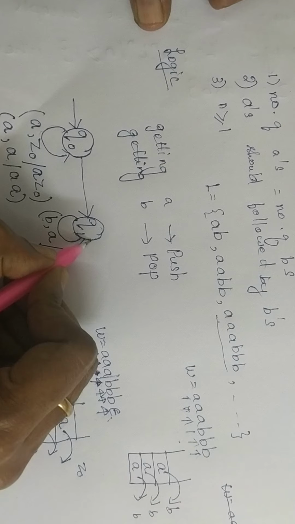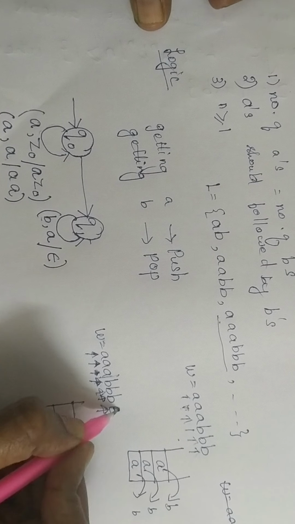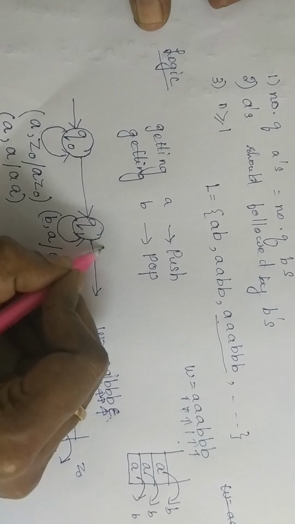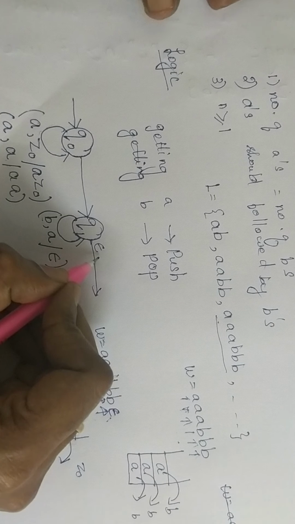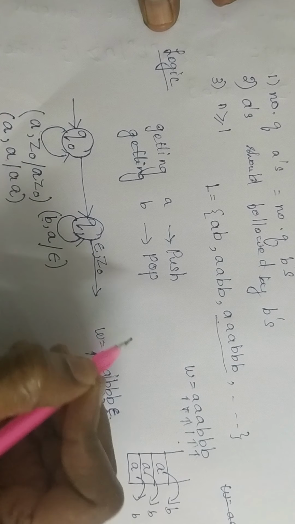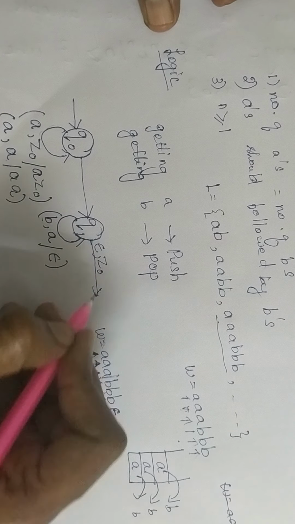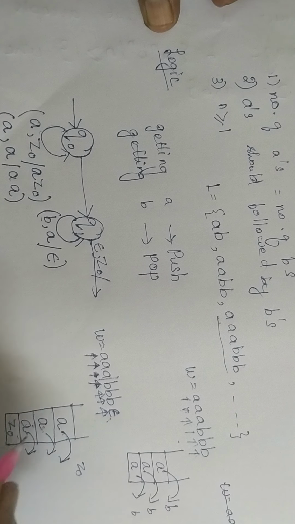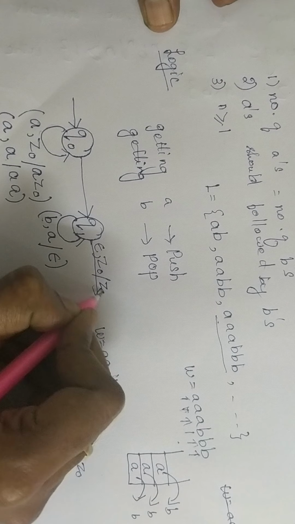So we know that the next symbol is epsilon, right? So the next symbol to read is epsilon, and top of the stack is Z0. While it is going to the final state, we can say epsilon and Z0. So Z0 will be there.